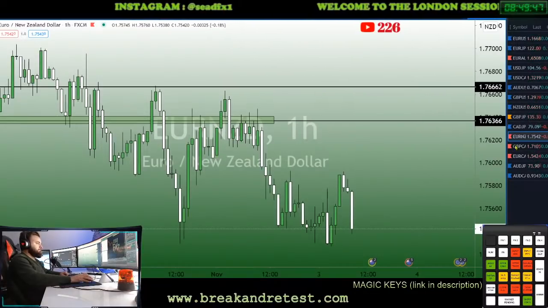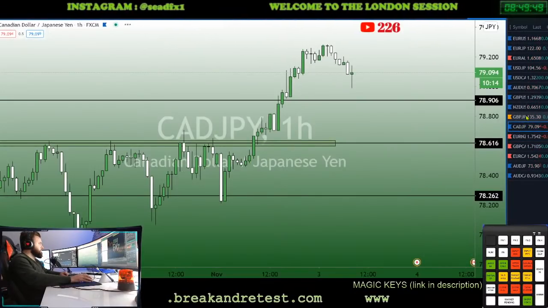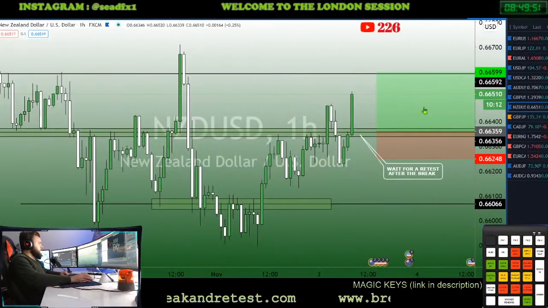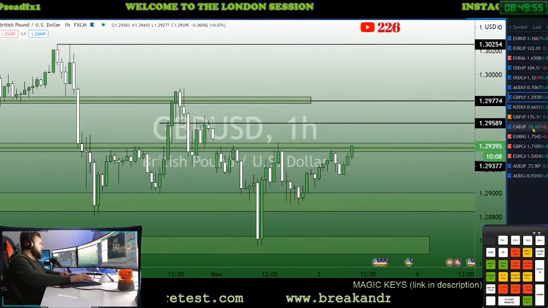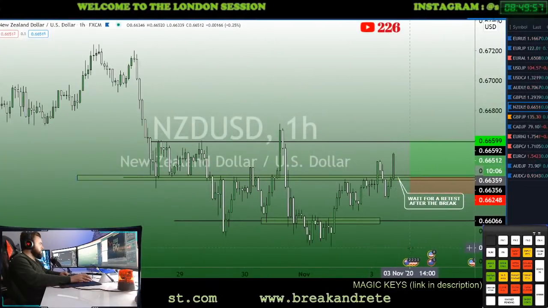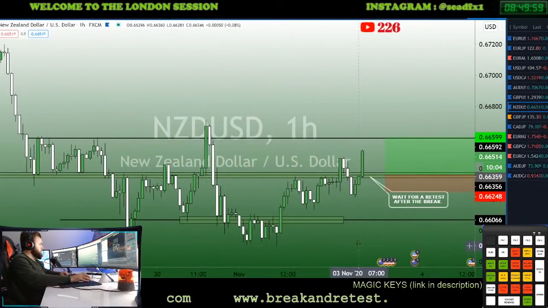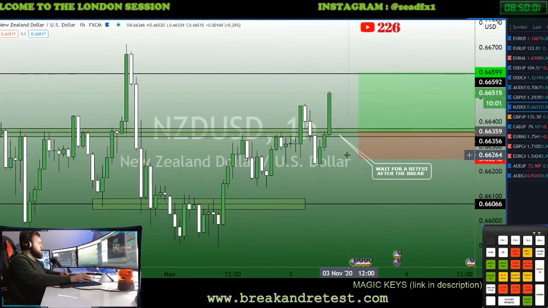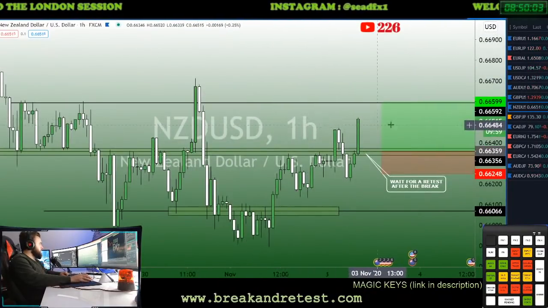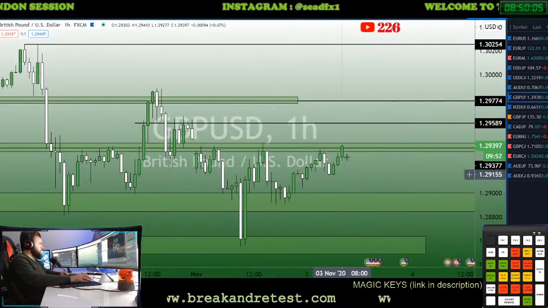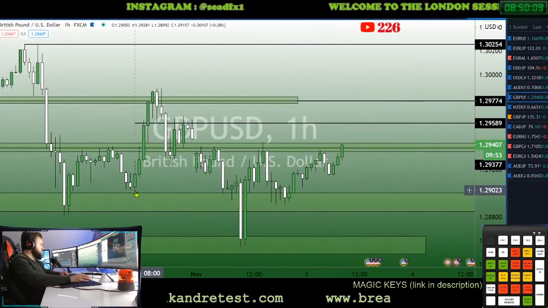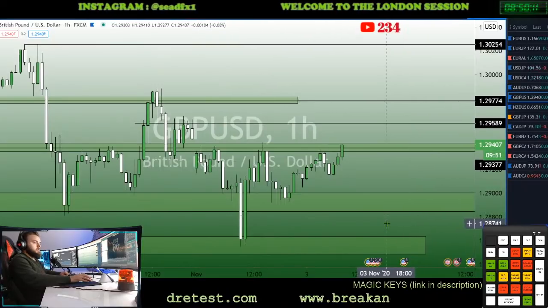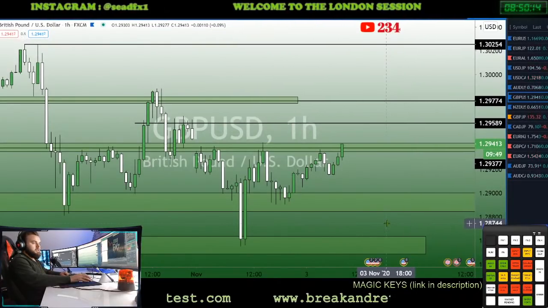What I'm going to have is NZD US dollar or GBP USD, depends. NZD US dollar doesn't really look like it's going to come for a retest, so I don't have much hope for a retest on NZD US dollar, but I have hopes for GBP USD, which is pretty close to break above, and it's going to be a very nice breakout.